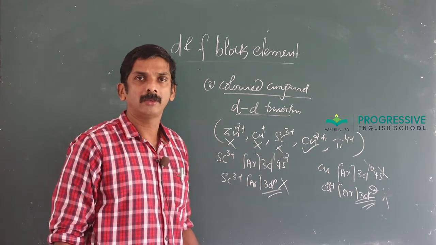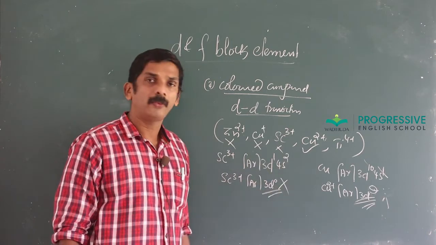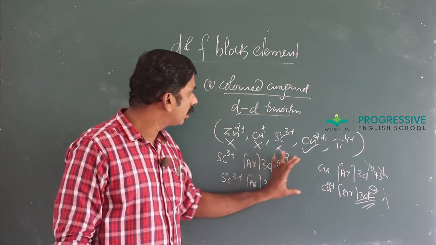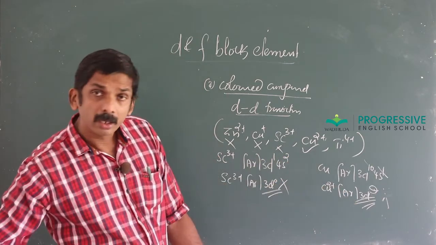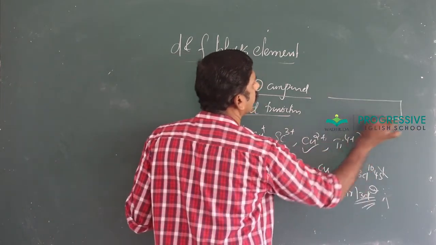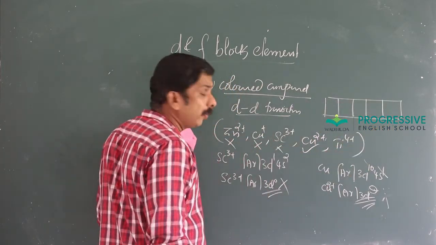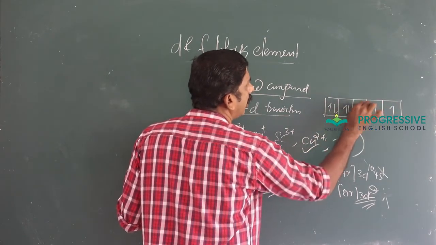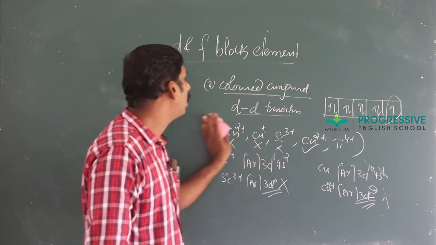I think all of you understand this. First you should know how to write the outermost configuration of a transition element, and from that you can get the oxidation state. Then you predict whether it is colored, since d orbitals have 5 orientations and d9 contains a partially filled d, one unpaired electron.